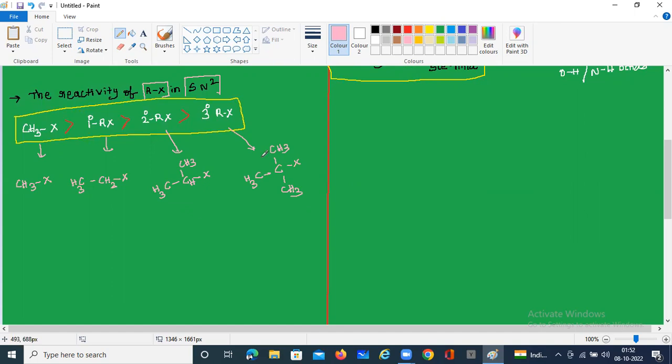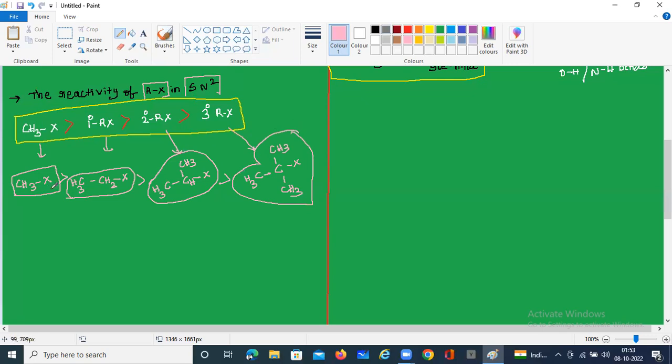Okay. See, so now which one has more reactivity towards SN2? This one is more reactive than primary, than secondary, than tertiary.